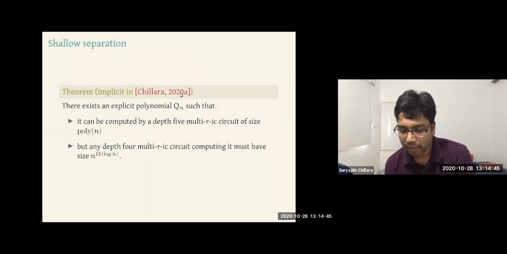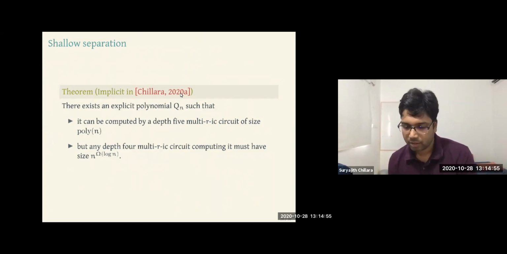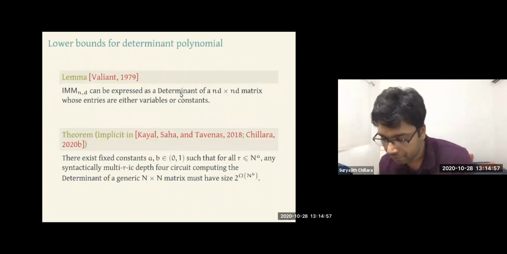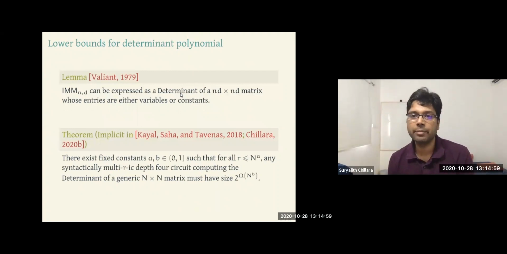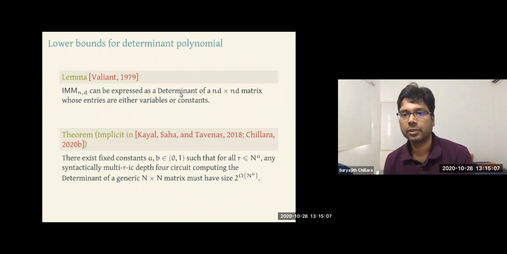So we give a separation between depth 5 and depth 4 syntactically multilinear circuits. Further, as I mentioned before, because of the relation between IMM and determinant, we also get lower bounds for determinant. So these are the results we have.